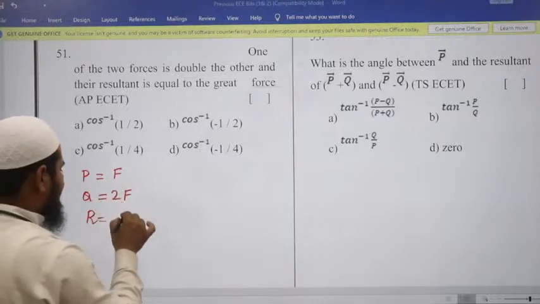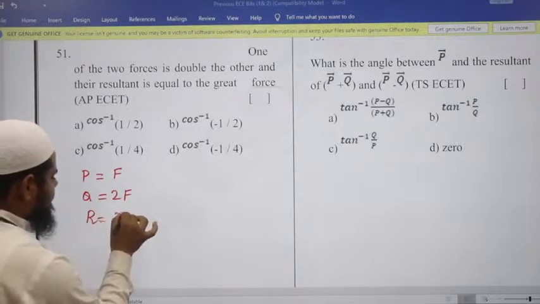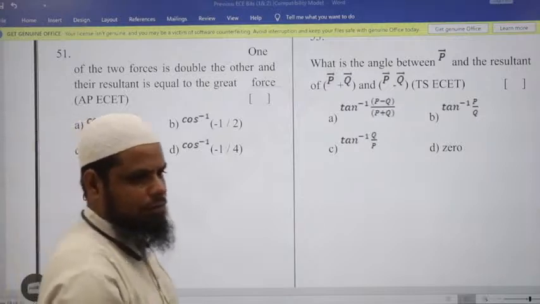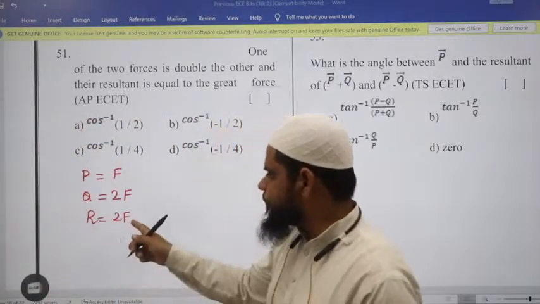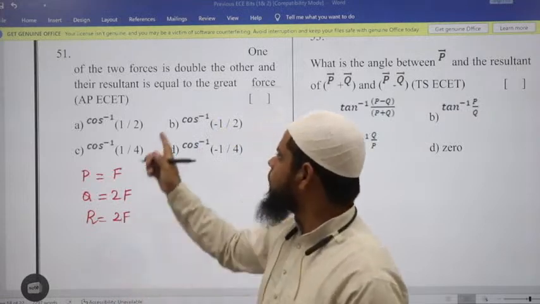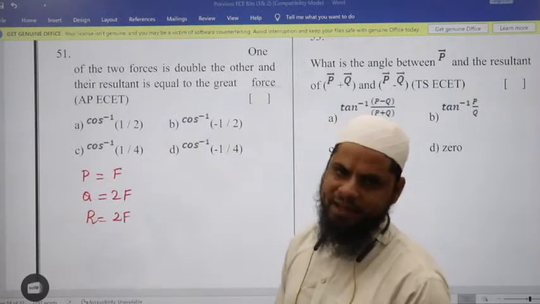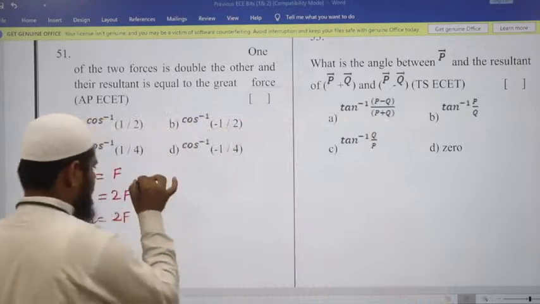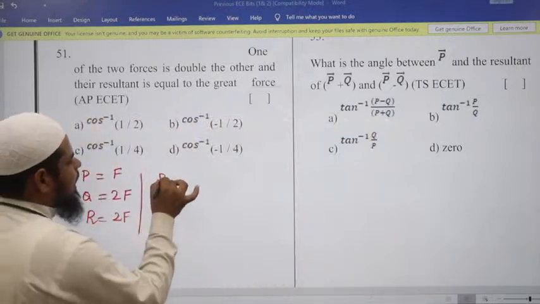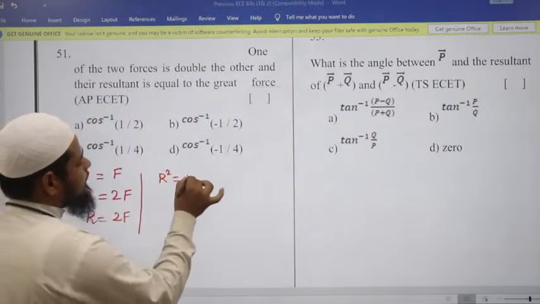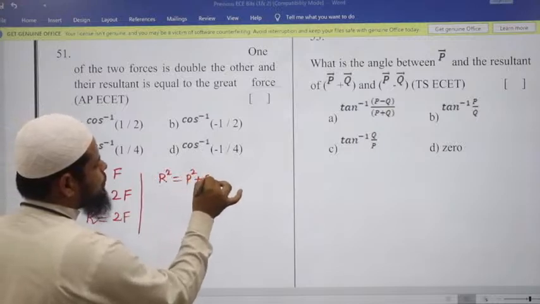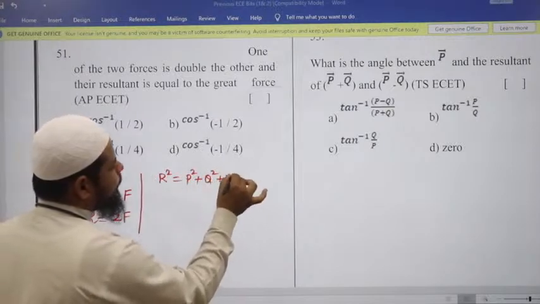What is that greater force? 2F. Now resultant equal to that greater force, that is 2F. Then what is the angle? He is asking angle. Fine. The same thing, R square is equal to P square plus Q square plus 2PQ cos theta.